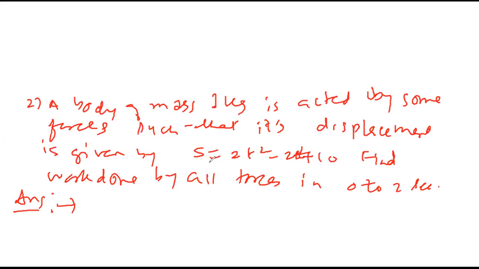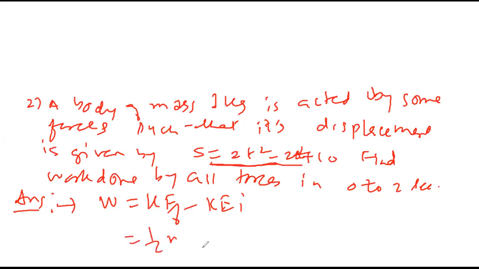Because displacement is given but force is missing, again I can use the concept that work done is change in kinetic energy, which is final minus initial kinetic energy. That means half m v final square minus half m v initial square. The derivative of displacement we know is velocity. So when I put 0, I get initial velocity, and when I put 2, I get final.